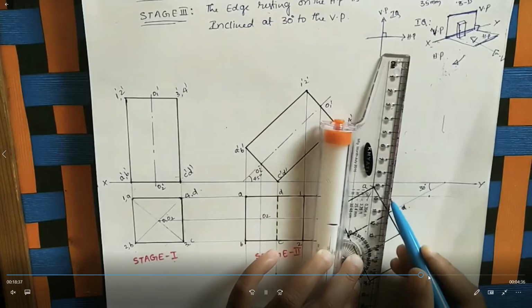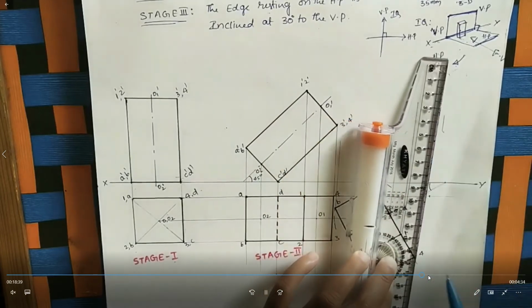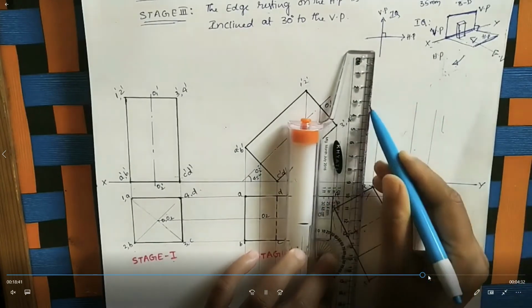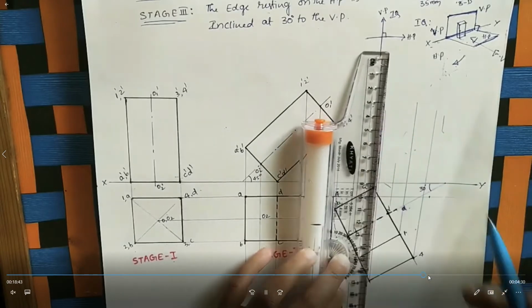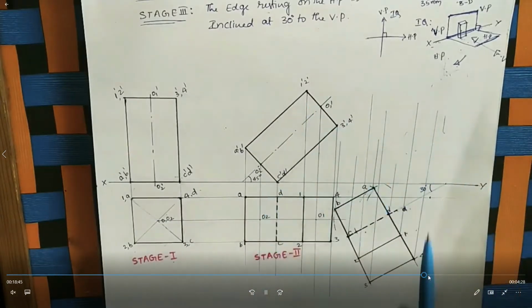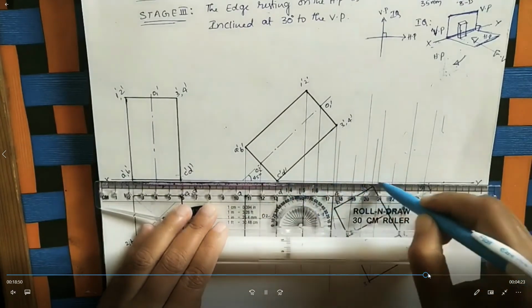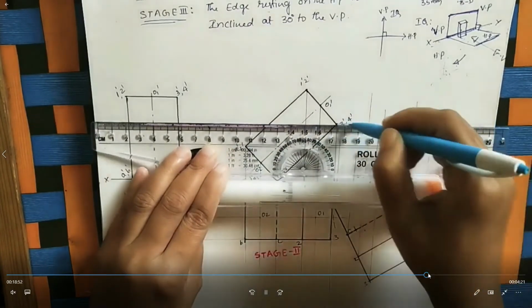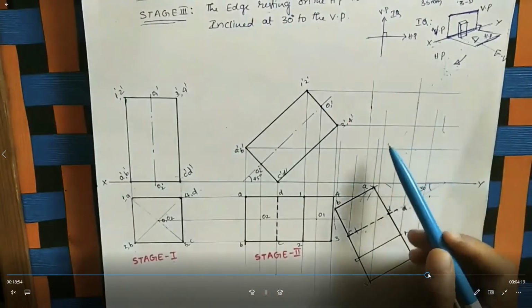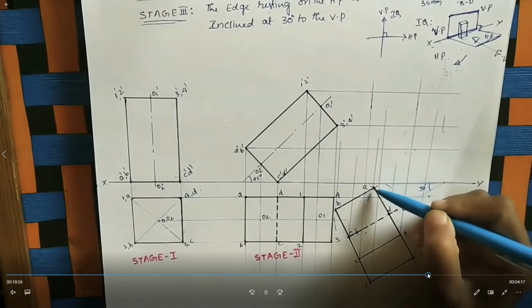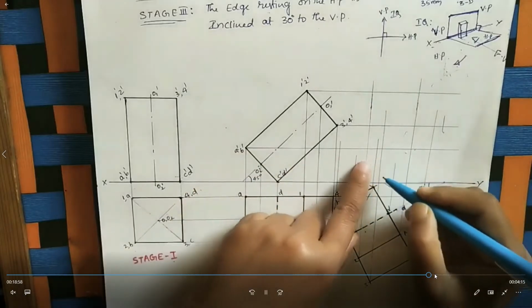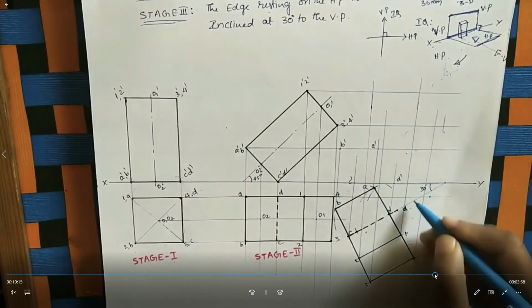above the reference line. You extend the lines from this third stage top view to the reference line. And now for the second stage front view, you draw the lines in this way. Okay, here you identify the points.